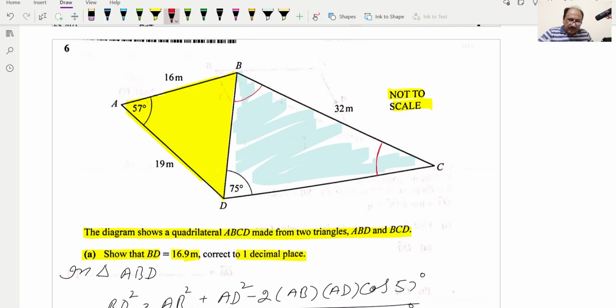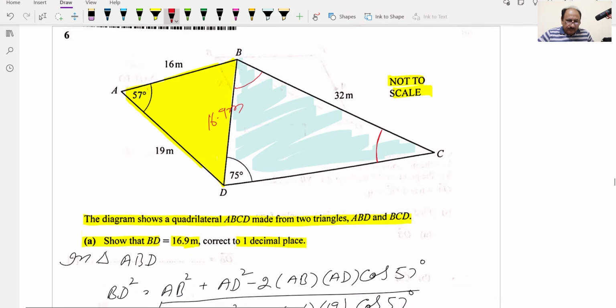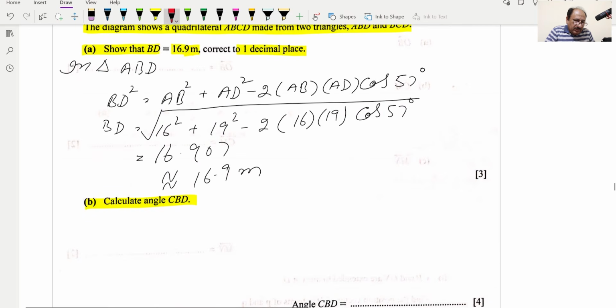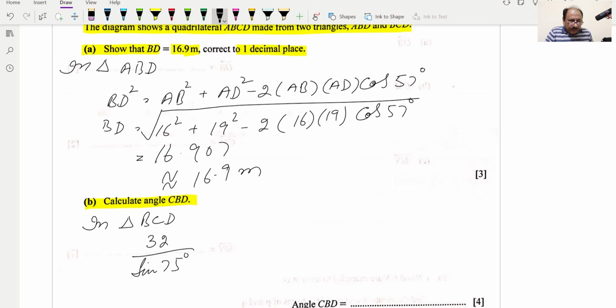After finding this angle, because we have the opposite side which we just now found, which is 16.9 meters, so we have BD and we have BC, we will find angle C first and then we'll calculate angle B. So in triangle BCD, we'll apply the sine rule, and the sine rule is what? 32 divided by sine of 75 degrees. This will be equal to 16.9 over sine C.